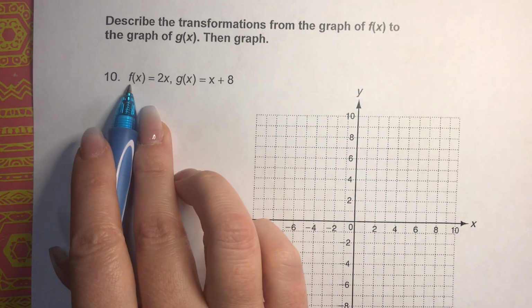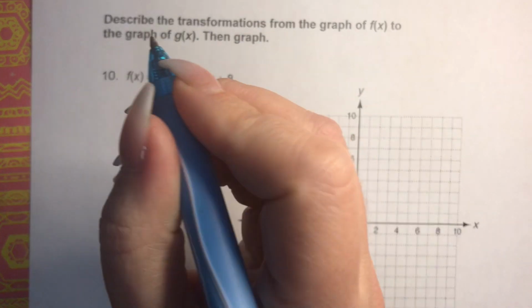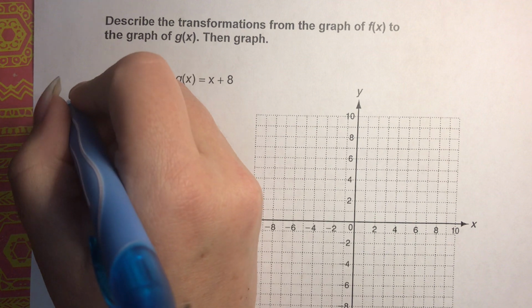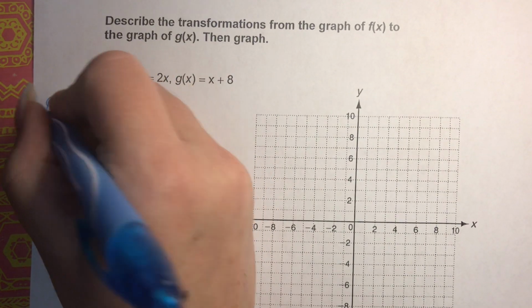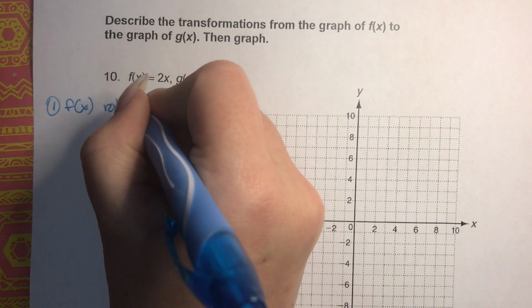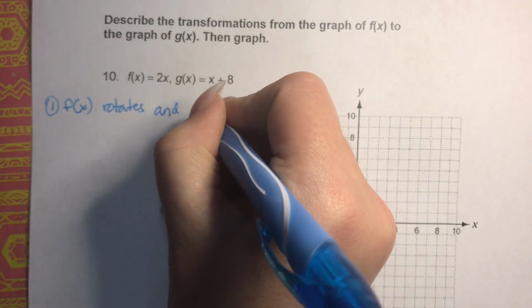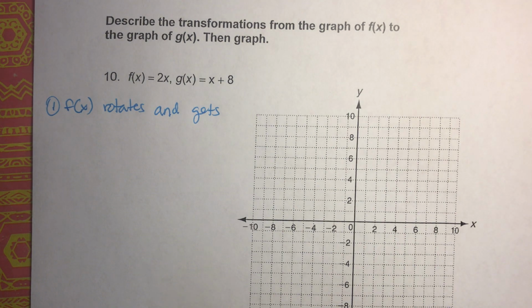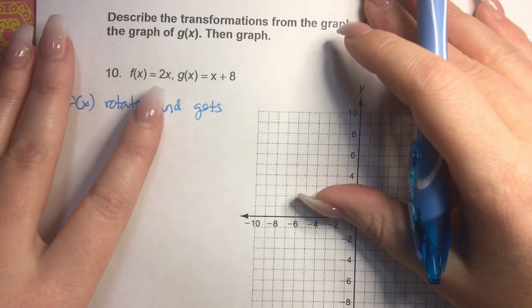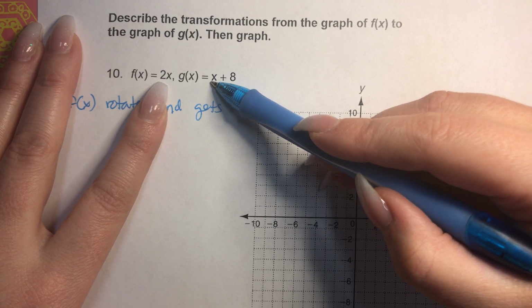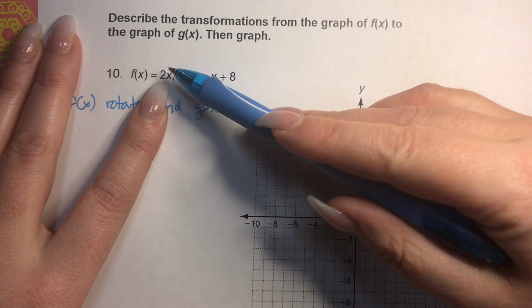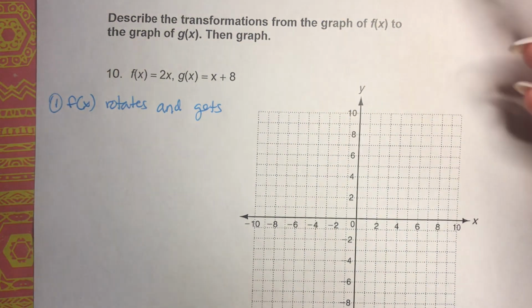So we're going to start at f of x. So f of x, this is the first thing, rotates, right? And gets, what does it do? Does it get more steep or less steep? So if we start at 2 and then the slope becomes 1, the 2 is bigger than 1, so 2 is getting smaller, so that means it gets less steep.